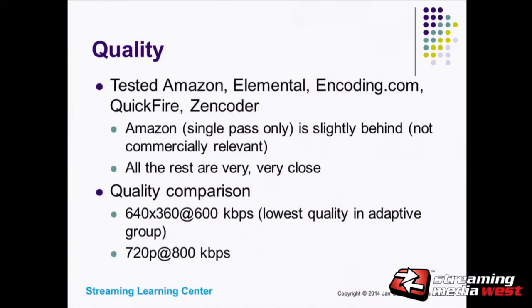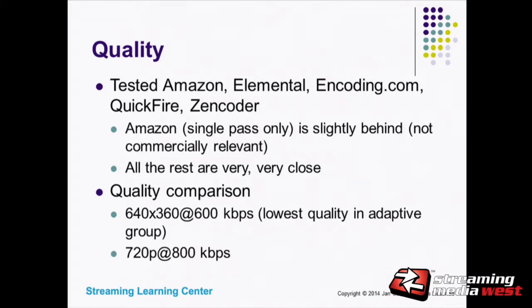What I found is that Amazon was slightly behind, and I say not commercially relevant. Most people couldn't see the difference between them and any of the other vendors I just listed. And all the rest of them were very, very close. Amazon is single pass only, which I found interesting, because 2 passes is kind of the gold standard for the top quality, and that's probably the reason they were behind.